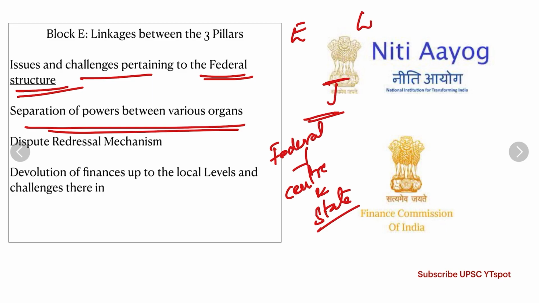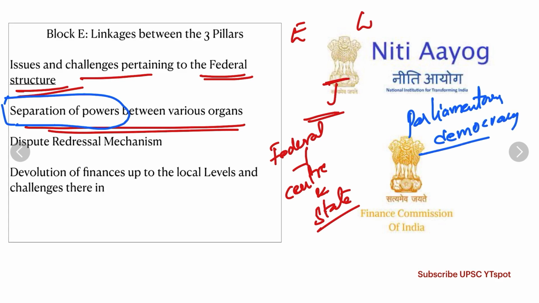Especially with respect to Indian Constitution, separation of powers holds a prominent place, because unlike United States Constitution where there is a strict separation of powers, in Indian Constitution we find parliamentary democracy. In parliamentary democracy, we notice a fusion of executive and legislature.